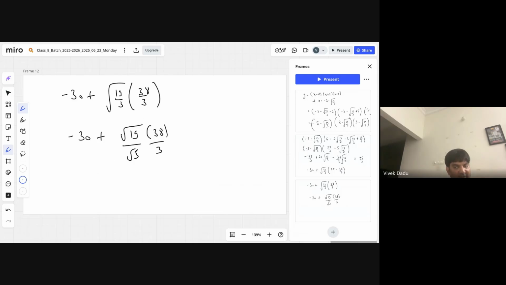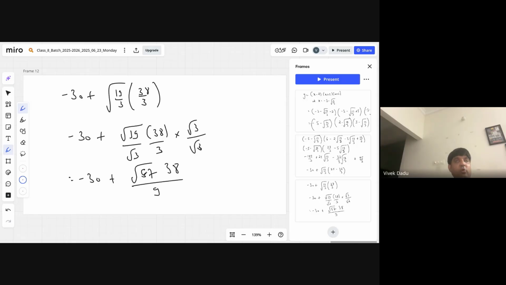Now, how do you handle this? One of the roots you can get rid of by, do you get what I am saying? Root 3 into root 3, 3 into 3, 9. Numerator root 19 into root 3 is root 57 by 9.